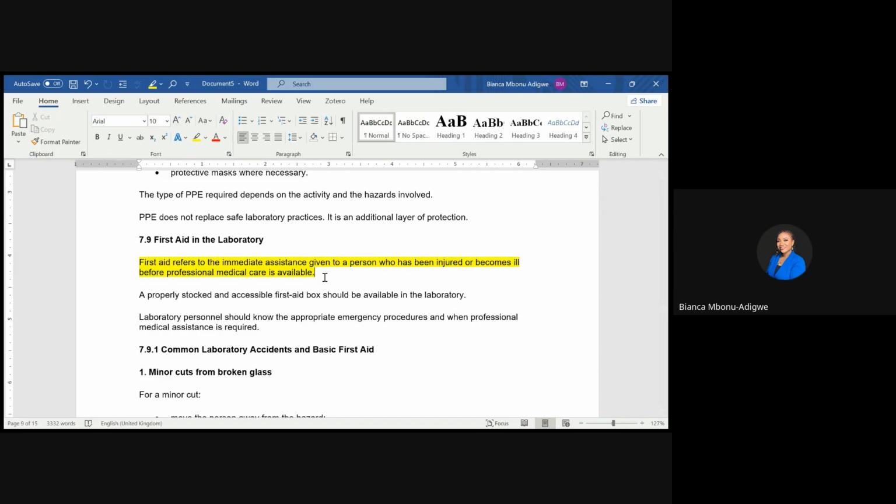Thank you. First aid is the immediate assistance. That assistance that you give somebody immediately something happens before professional medical care is available. That is first aid. Immediate assistance given to a person who has become injured before professional medical care is available.